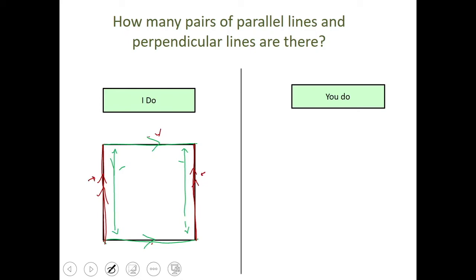So now the question is asking us, how many pairs of parallel lines do we have? So we've got one pair here and here, and we've got our second pair, which is on the right hand side and the left hand side. So we have two pairs of parallel lines.